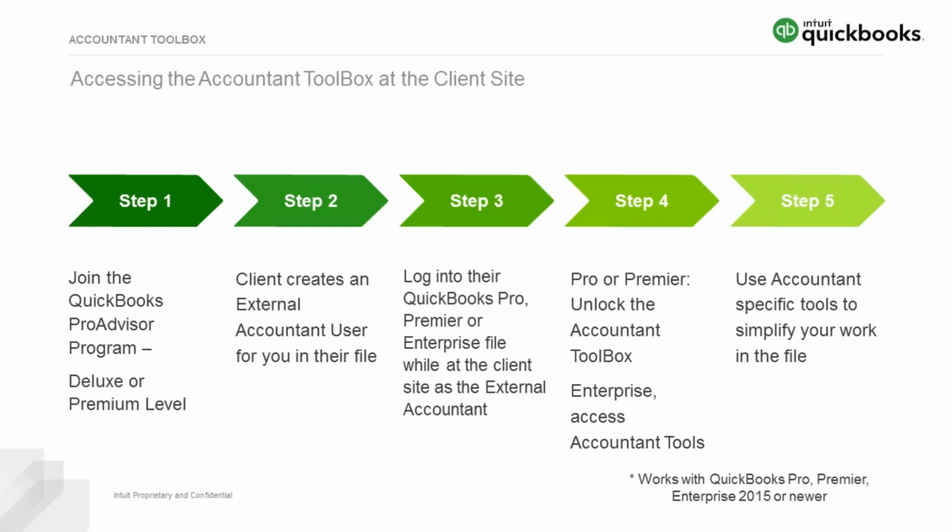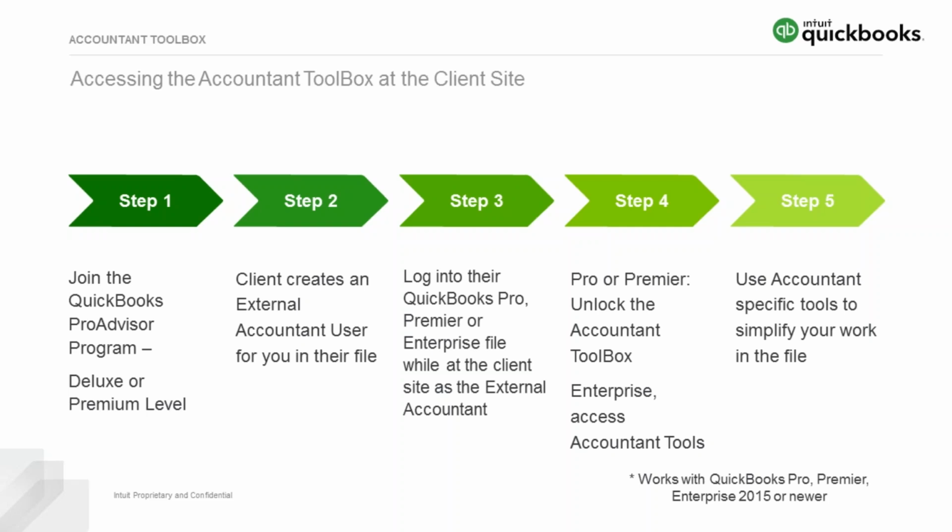To get started using the Accountant Toolbox, request that your client create a user for you and assign you the user type of external accountant. When you are at their place of business, log into their file with the external accountant user they created for you.